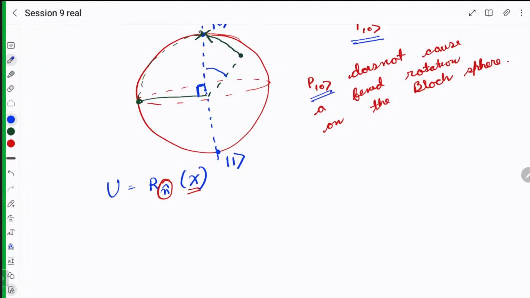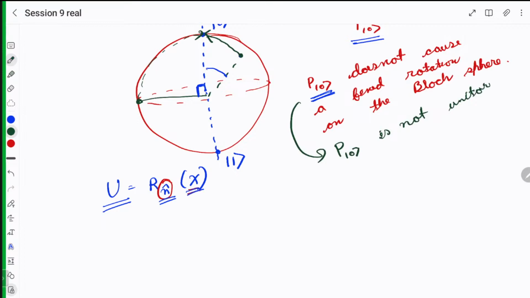So P0 does not cause a fixed rotation, and we said that unitaries will cause a rotation by some definite angle about some definite axis. So from this visualization also you can understand that the projection operator P0 is not unitary.